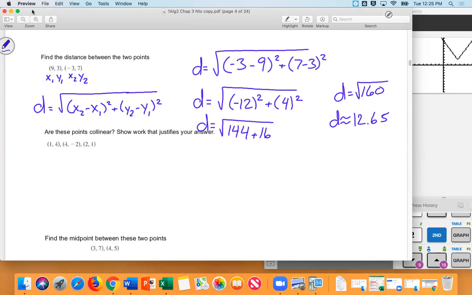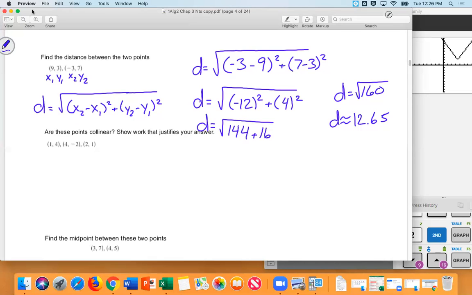So I think like 144, 169, halfway would be like 156-ish, so it's a little over halfway, so a little bit more than 12.5. So I say 12.6, and then I pick 5 because the most I could be off would be like 0.3. So just pick a number in the middle. Sometimes you get lucky. So I get 12.65. And that's the distance. Okay, so that's using the distance formula.